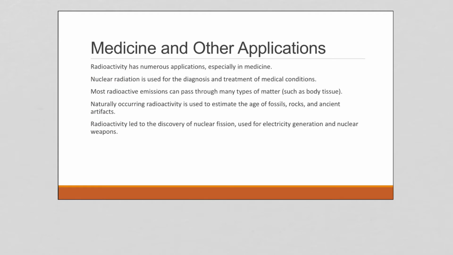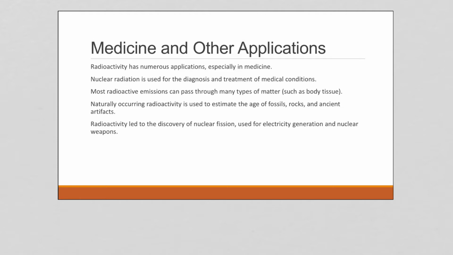Now, radioactivity is used in a lot of different applications, and we'll talk about some of these a little bit more in depth at the end of the chapter. But a lot of the more important ones, at least to us, involve medicine. Of course, there are some larger applications that we'll get into, such as nuclear energy and nuclear weapons. But we'll talk about their use in medical conditions.